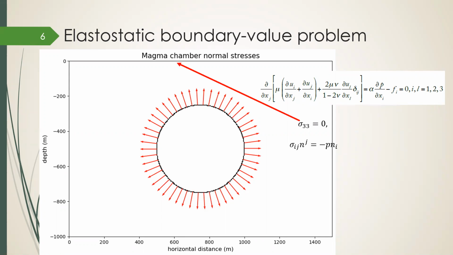Okay, so in addition to this pressure boundary condition on the chamber walls, we also need to impose some sort of boundary condition on the surface. And typically that's a free surface boundary condition, which means that the normal component of traction is equal to 0.